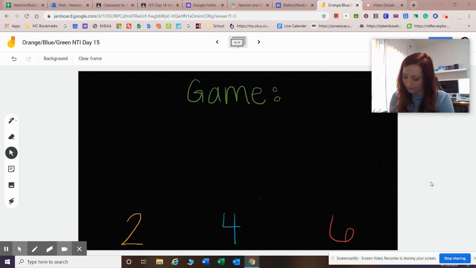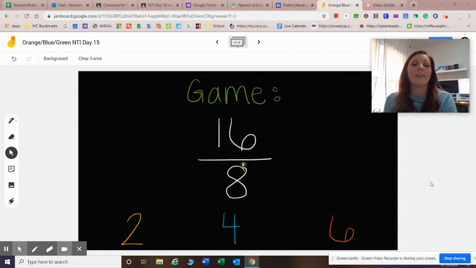Let's do another example. 16 eighths. Which whole number is that equivalent to? If you pointed to 2, you're correct, because 16 divided by 8 gets you 2, and 8 times 2 is 16.